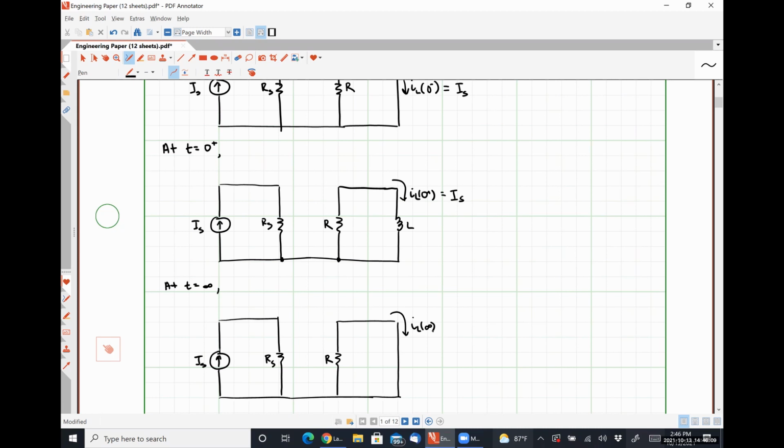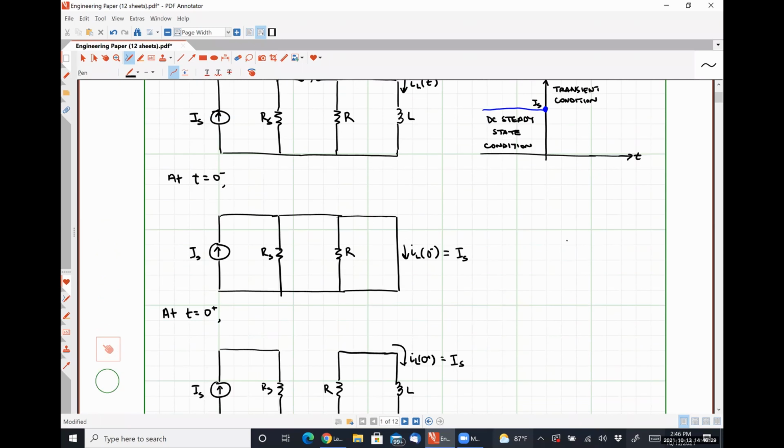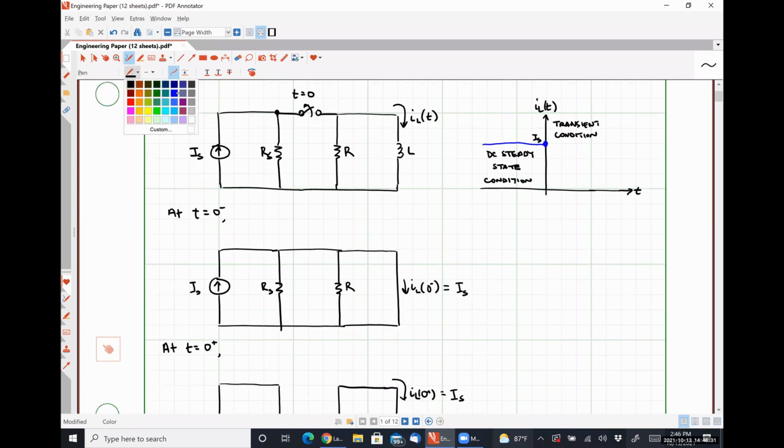So just using our simple DC circuit analysis techniques, what do you think our inductor current IL at infinity is? 0 amps, right? If the inductor doesn't have any more energy stored, then the current flowing through it must be 0. So if we go back up to our graph, at some time infinity, we know that our current flowing through our inductor is 0 amps, and it's going to continue being 0 amps.